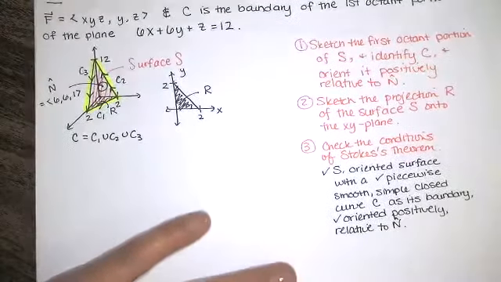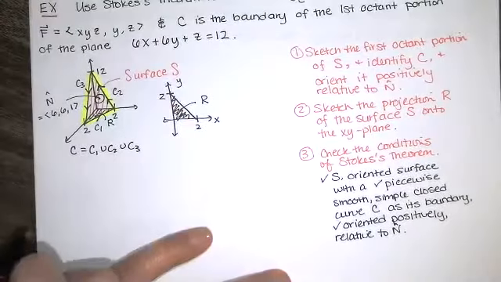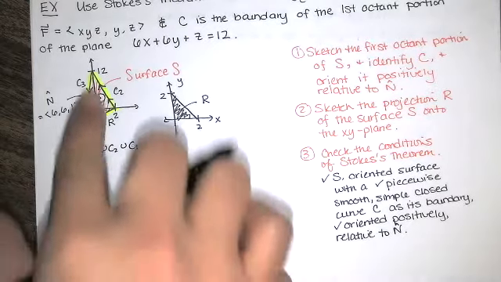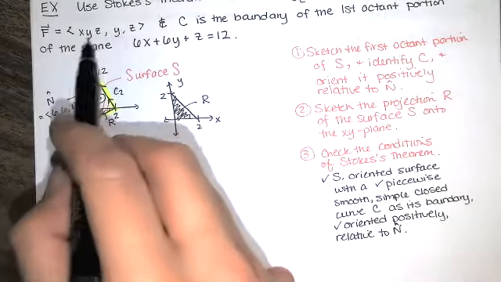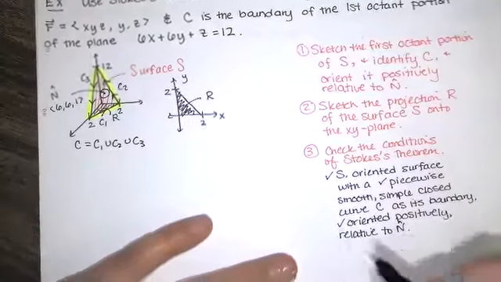The last part is that the first partials of M, N, and P, all of them with respect to x, y, and z, all need to be continuous in an open region containing S and C. And since these are just polynomials, their first partials are continuous all the time.